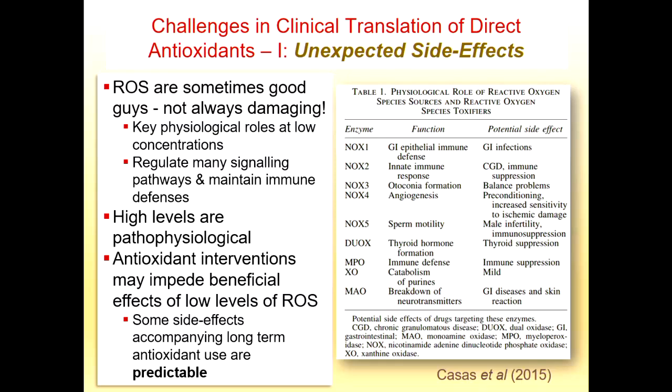And we know now that if you knock out some of these NOX proteins that produce superoxide in immune cells and other cell lines, you start seeing disruption of a variety of different physiological processes, including immune responses, angiogenesis, responses to ischemia, and even sperm motility in males. So blocking this, male infertility is a potential side effect of overdosing with antioxidants.